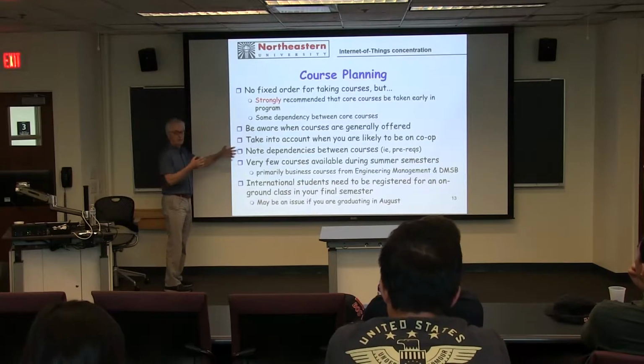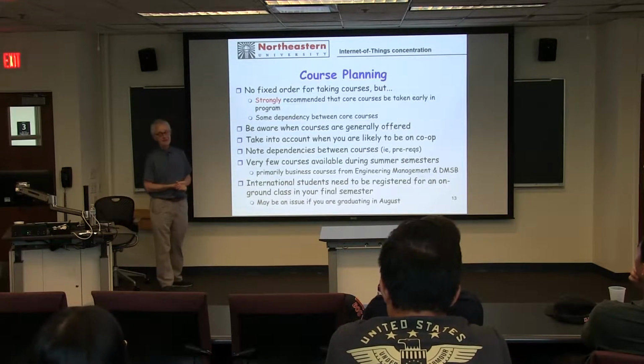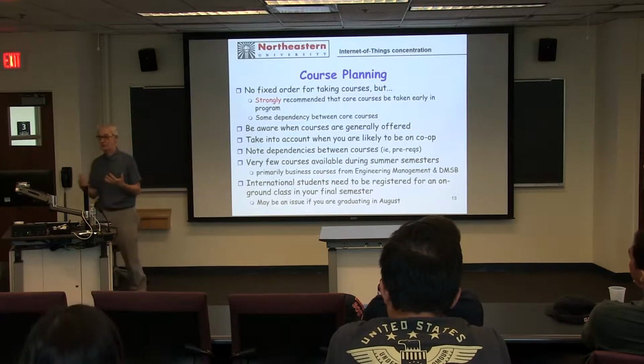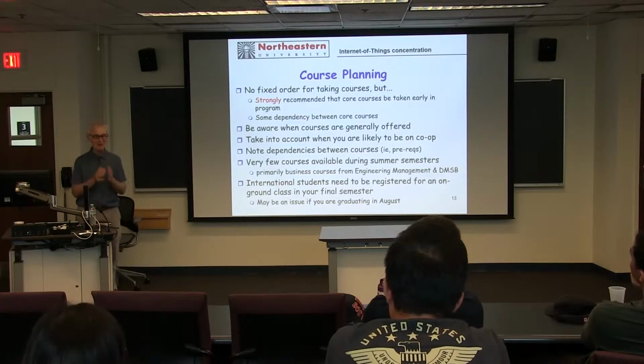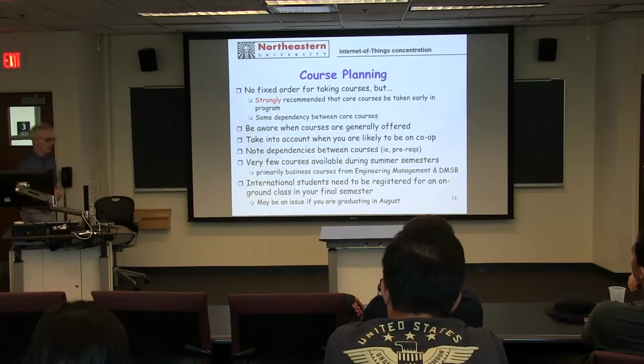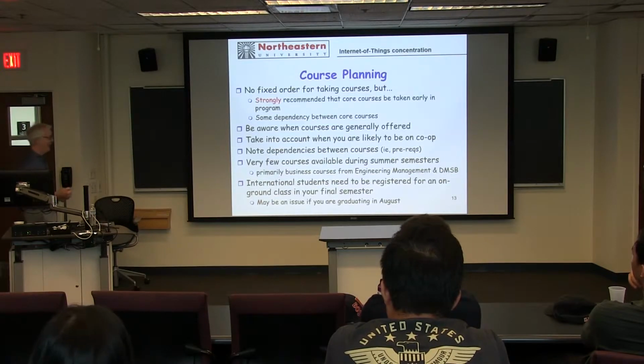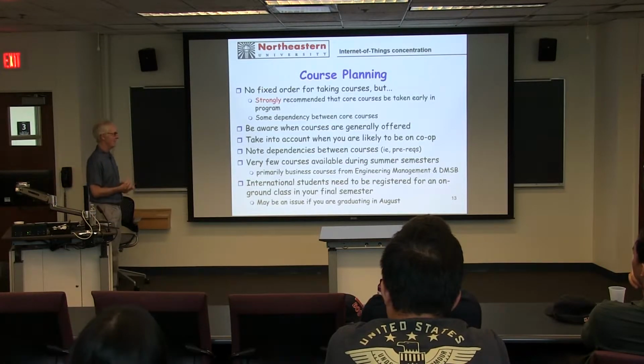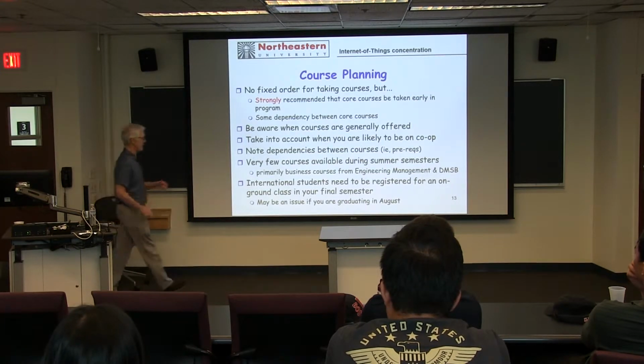But obviously take that into account as much as you can, since that's basically an unknown. You don't know for sure when you're going to get a co-op, assuming you do get a co-op. But you can make a best guess or make some assumptions.